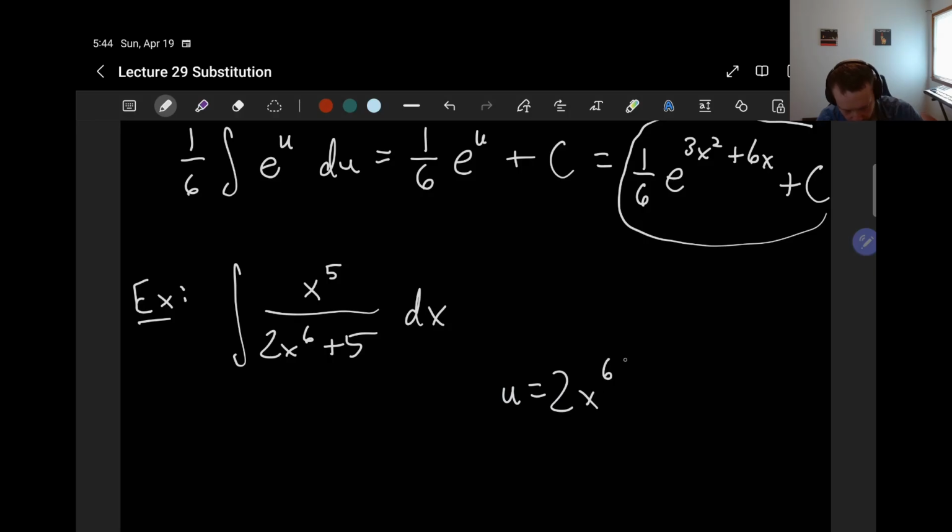So I would still start at u, but it was helpful to think of the part that's in du. So it's still best if I make this my u, just this whole denominator here. Then du is the derivative, 12x to the fifth times dx.